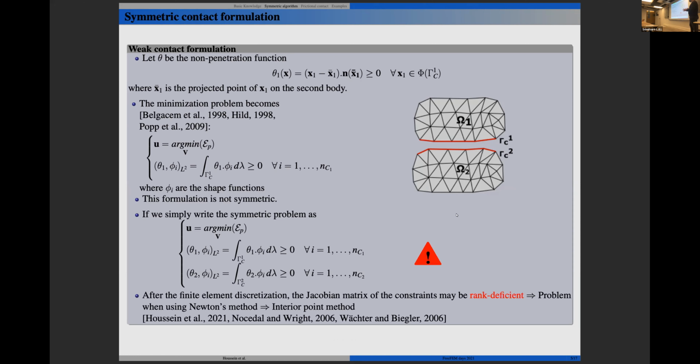And we will have a problem using the Newton method because the stiffness matrix will be singular. But if we use the interior point method, for example, in this paper, we can show that we will not obtain this kind of problem. At each iteration of the Newton method, the stiffness matrix remains non-singular. And also, we prove the convergence of the interior point method in this case.